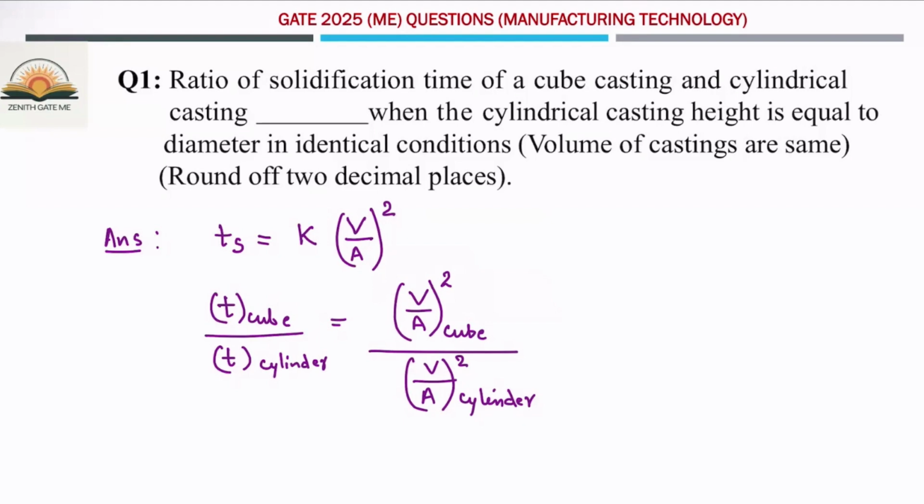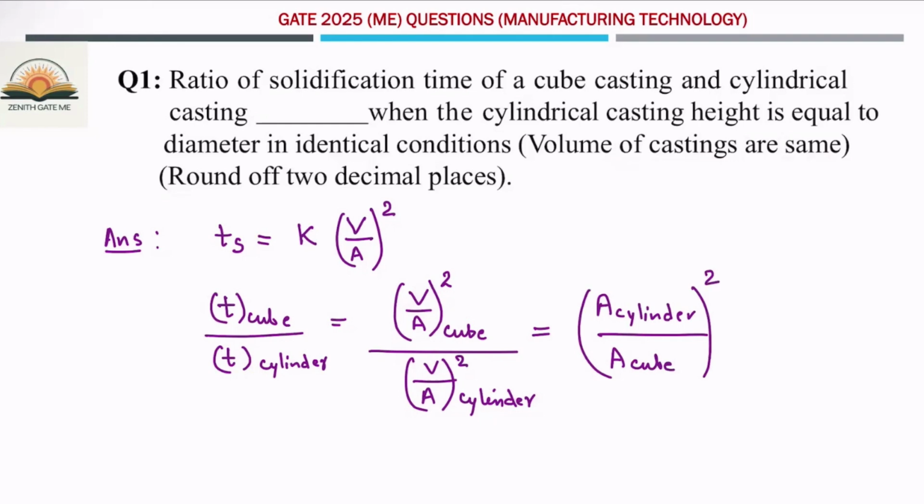So this will be the same for both conditions. Now, one more condition is given, the volume of castings are the same. That means this volume and this volume will cancel out. So I will get the ratio of solidification time for cube to the solidification time of cylinder is nothing but area of cylinder to the area of cube to the power of 2.